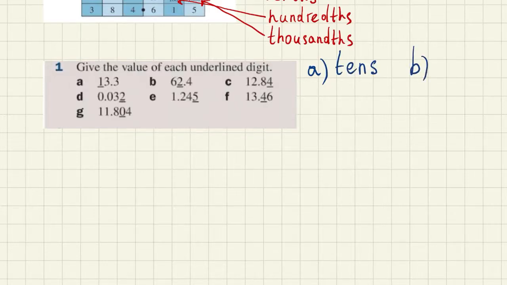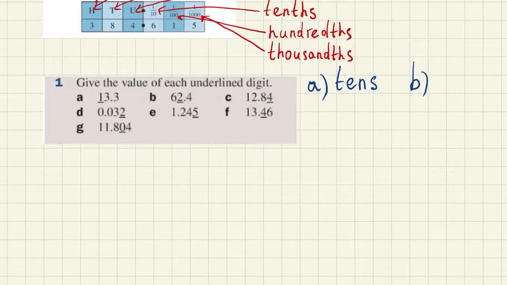In B, you can draw a table if it helps you to solve this. I will draw a small table for B. We have a table with three numbers.